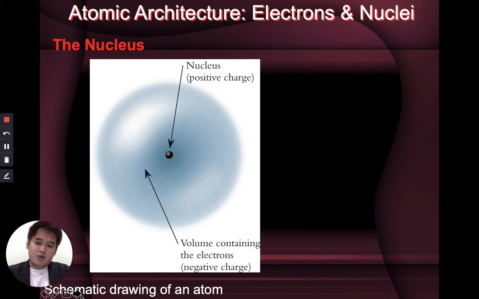According to the electron cloud model, the electron is actually both particle and wave. So it exhibits wave-particle duality. And according to the uncertainty principle, we cannot determine both the location and the speed of the electron simultaneously or at the same time.